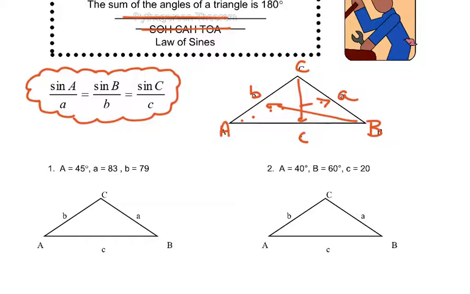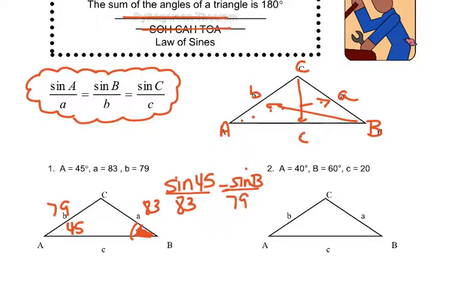So here angle A is 45 degrees, little a is the side that's 83, little b is 79, and they want you to find angle B. So we're going to set this up: sine 45 over 83 equals sine of B over 79.